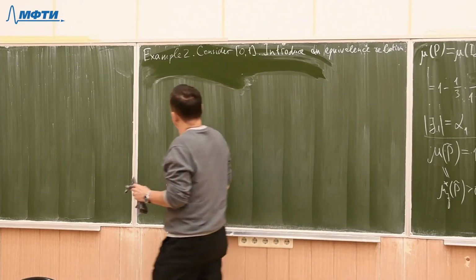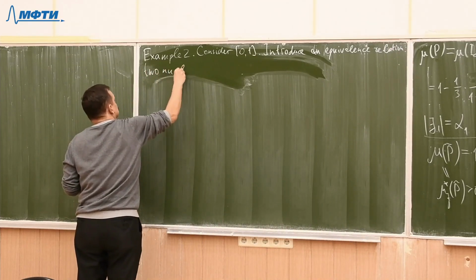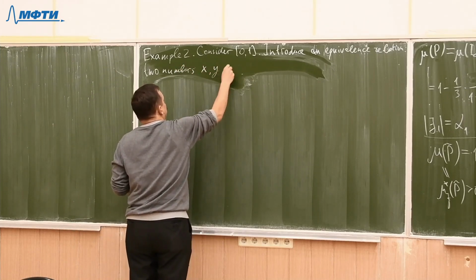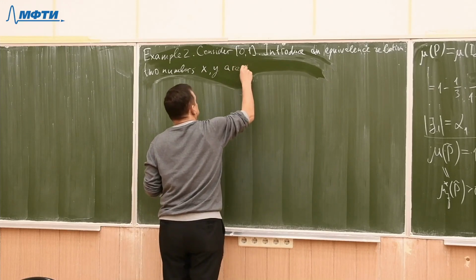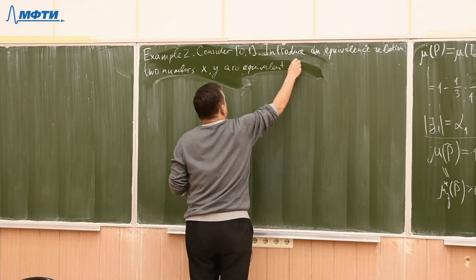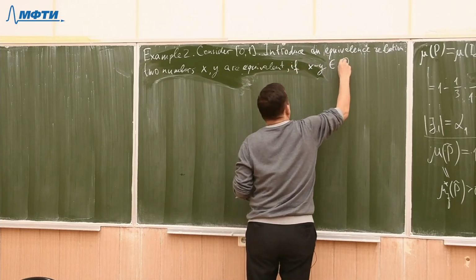So two numbers x, y are equivalent if x minus y is rational.